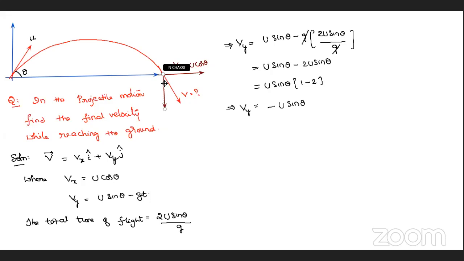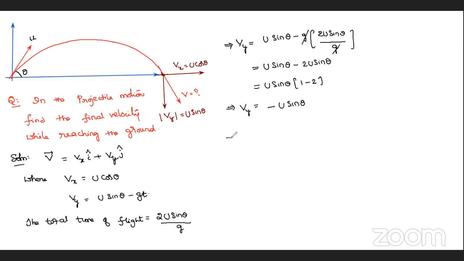Okay, yes. Good. So without numericals, vy I got is minus, meaning opposite direction to the initial vertical velocity, I got downwards. Yes, minus. And its magnitude is u sine theta. And finally, what is the final velocity?